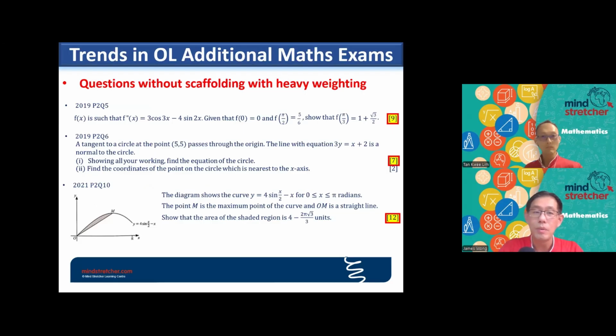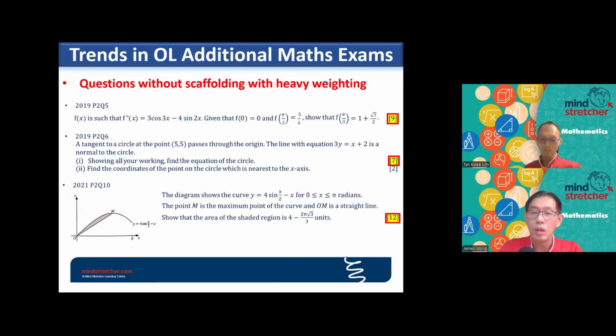This is one of the trends that I want to highlight that you can observe. If you take out the ten-year series that your child has, and flip through the pages over the years, you will notice that quite different from the mathematics paper, the questions in the mathematics paper tend to have a bit more scaffolding.